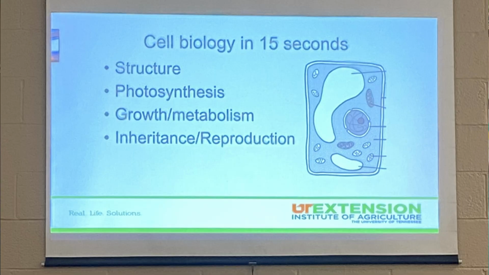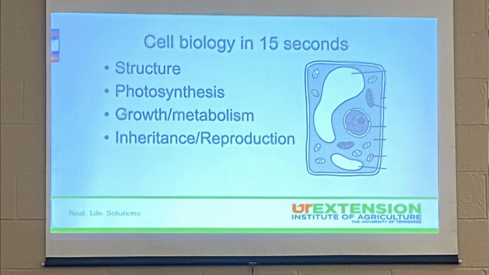Cell biology in 15 seconds. So this is what a cell looks like. You have the structure and the photosynthesis, photo meaning light, growth, metabolism, inheritance, and reproduction. So right here it says functions of leaf parts. Through a complex process called photosynthesis, leaves produce the carbohydrates that plants use for growth and other vital functions.